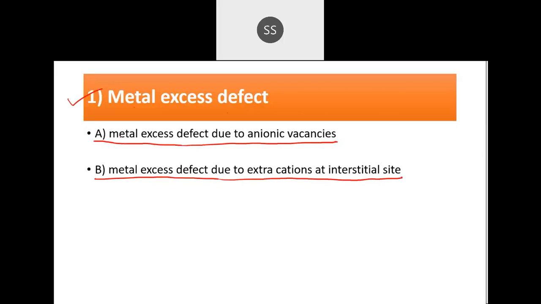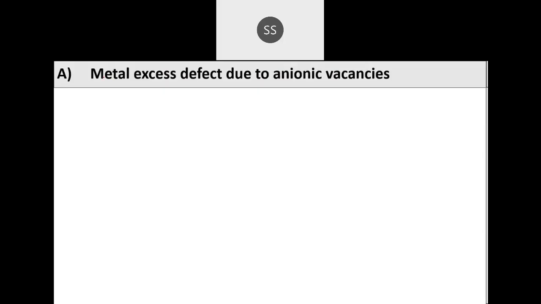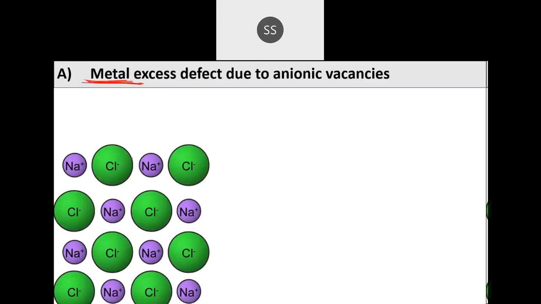So we will see how metal excess defect due to anionic vacancy is created. Here the metal will be large in number. I've taken the example of sodium chloride.